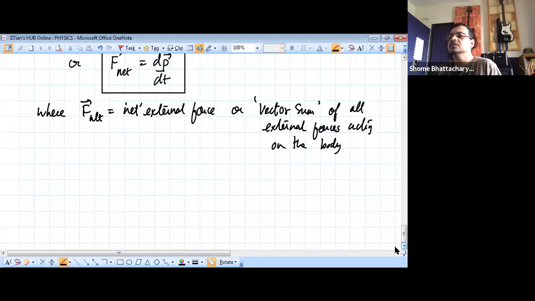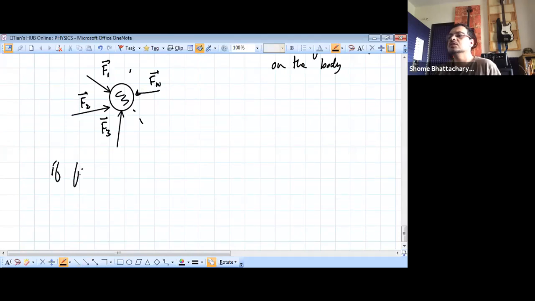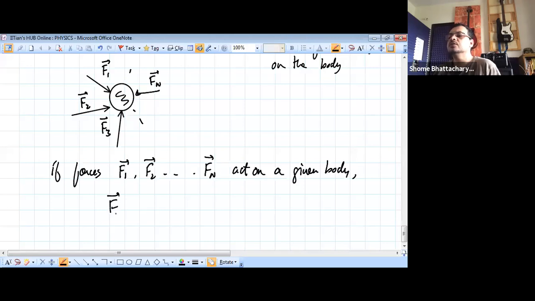Before you write this down, let's just understand this. For example, if on a body there are multiple forces acting, so there are a number of forces, F1, F2, F3, like this, going up to N. If forces F1, F2, etc. up to some index N act on a given body, then the net external force acting on it is defined as the vector sum of these forces, whatever the number of forces.